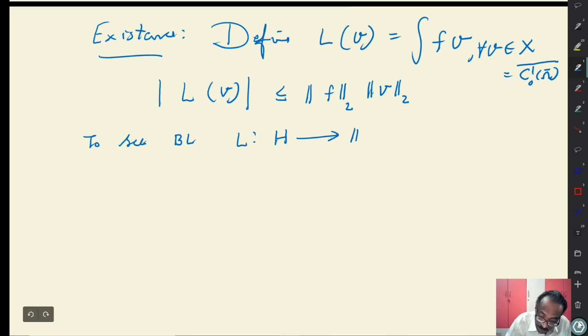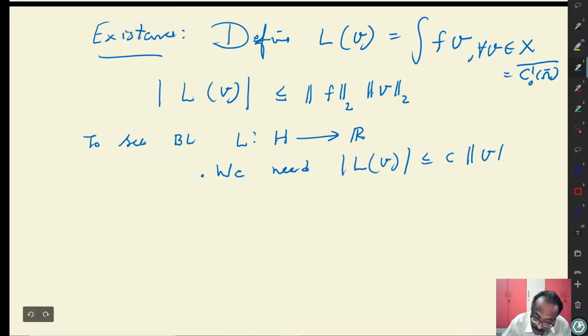That means, to apply the Riesz representation theorem, we need the modulus of LV less than or equal to some constant times the norm of V in X. So what is the norm of V in X? The norm of V in X is the gradient norm, equal to the norm of grad V in L2.